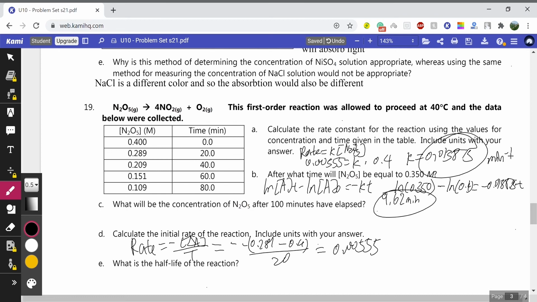What will the concentration be after 100 minutes? Alright, so ln of x, which we're looking for, minus ln of initial, which is 0.4, equals negative 0.013875 times 100. So ln of x equals negative 0.013875 times 100 plus natural log of 0.4.